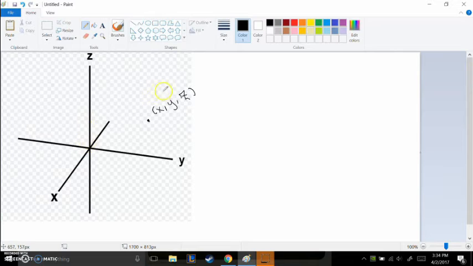Once again, we can say, let's choose another point over here, which is that x number plus some small change in it, that y number plus some small change in it, and that z number plus some small change in it.